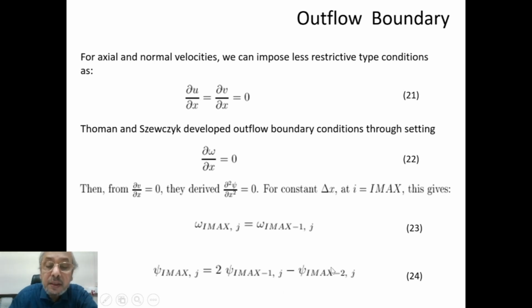Then from there we can get this. This is called one-sided central difference. So taking I max as the point where we are going to determine psi, and we are making use of psi's from the immediate interior points and generating this value, so that it poses minimum disturbance to the flow field.